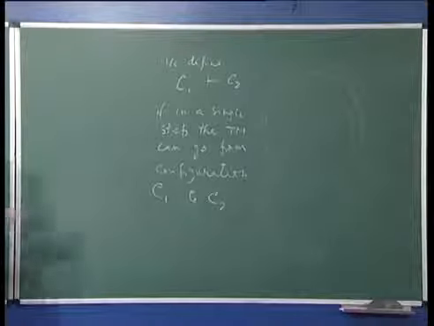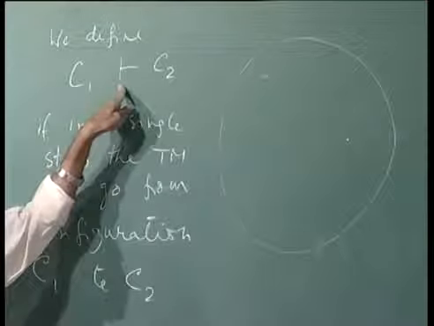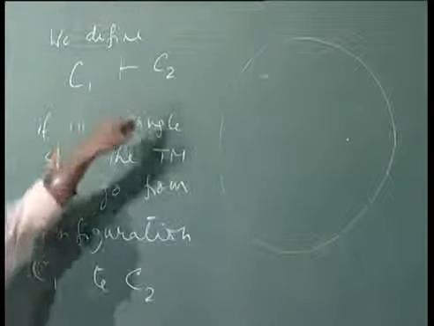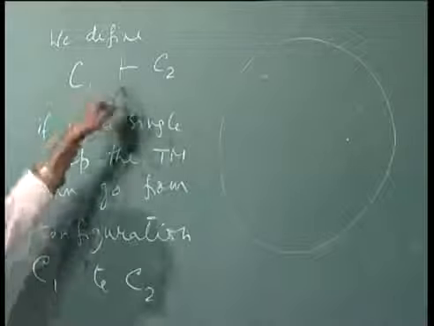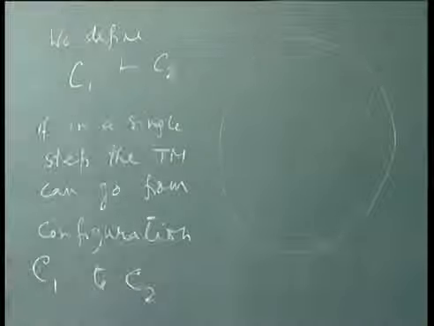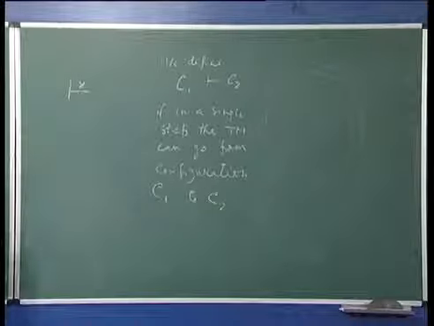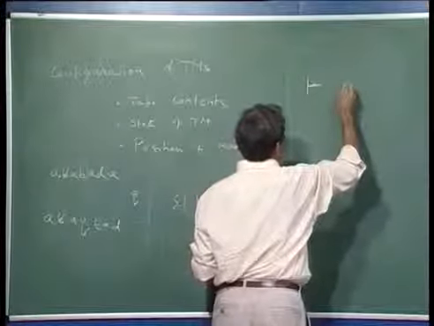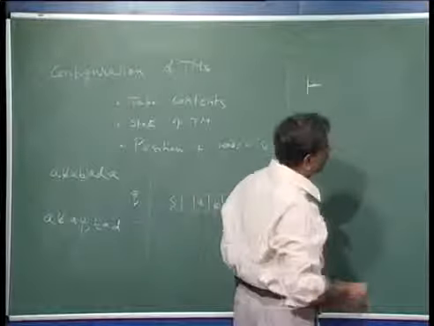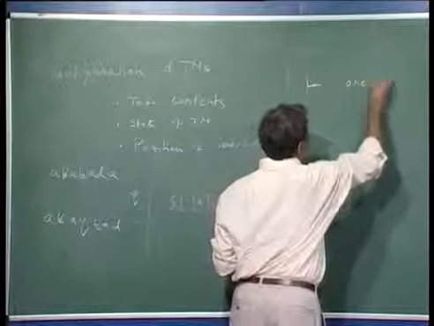So, therefore, this is a binary relation relating configurations, and of course, you can define another relation which we can say. So, if you remember, we are saying that this relation stands for machine one step situation.